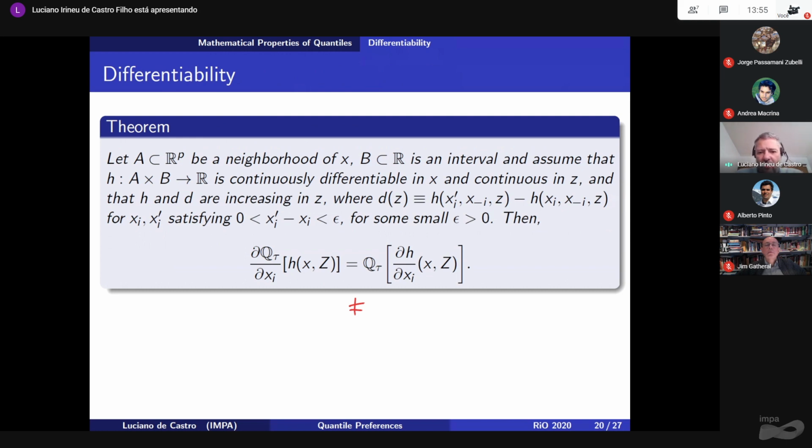However, and this is also the first result that we saw in the literature, if you take a function that, of course, has to be differentiable to look at the derivative of it, if h is increasing in z, and has increasing differences, if you have this property, then you can actually put the derivative inside. There are a couple of other variations of the result that will be in the paper as well.